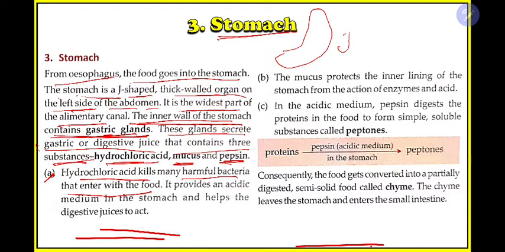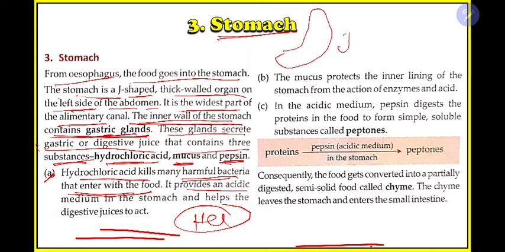So whenever you eat food, the food may be contaminated, it may have some bacteria. So what will this hydrochloric acid, HCl, do? It will first kill all the harmful bacteria that enter with the food.